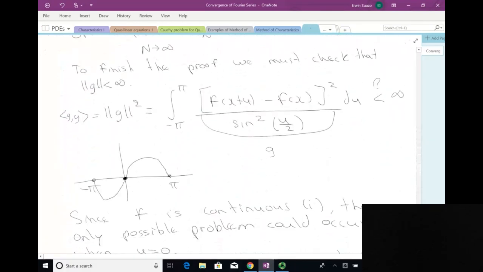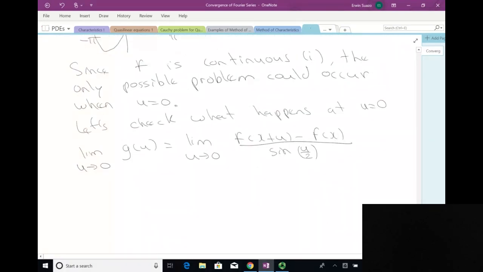But I'm gonna do a calculus trick to find this limit. So I'm gonna multiply times u, and so I have to divide by u, right? So, but let me put this guy over here then. Sine u divided by 2, right?